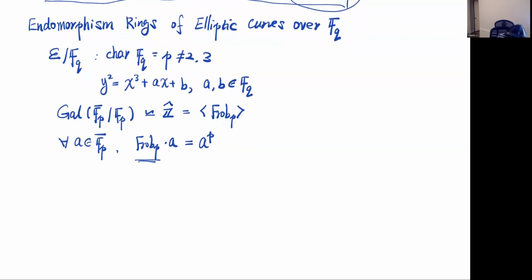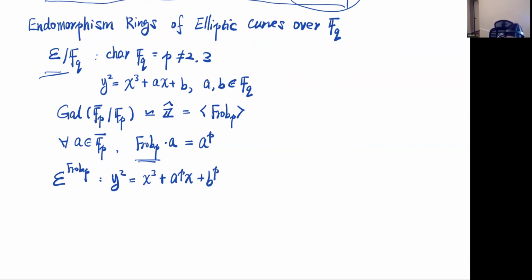So this means that if I have an elliptic curve E, then the Frobenius action gives me another elliptic curve, which is given, very concretely again, by y squared equals x cubed plus a to the p x plus b to the p, right?